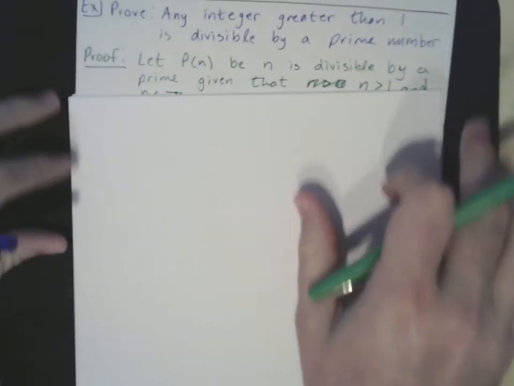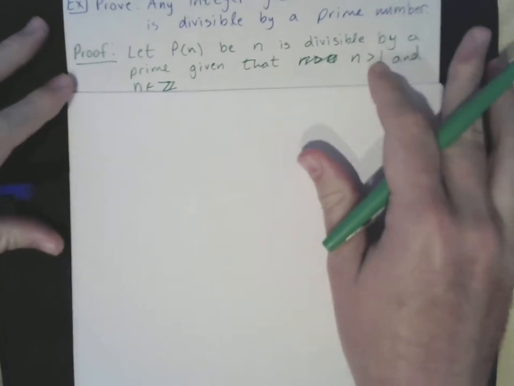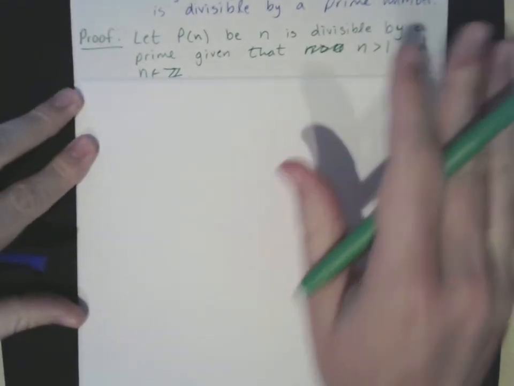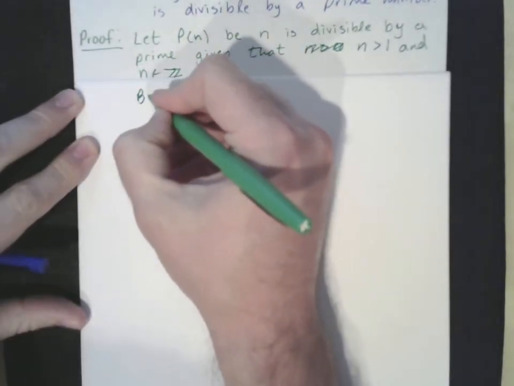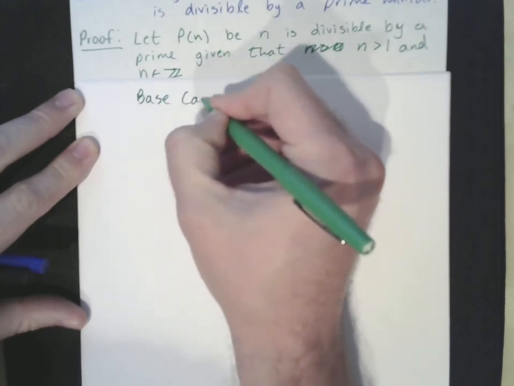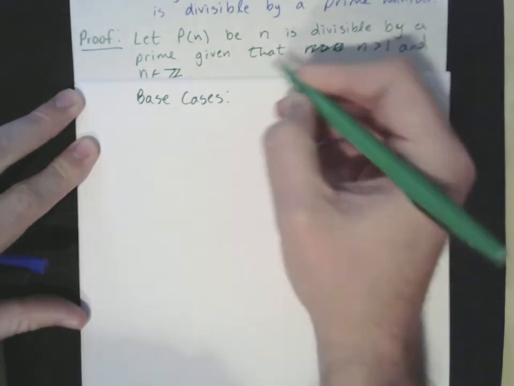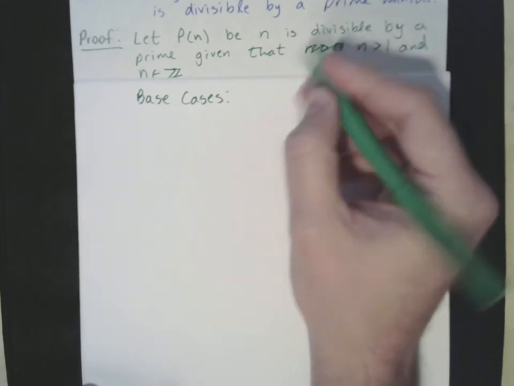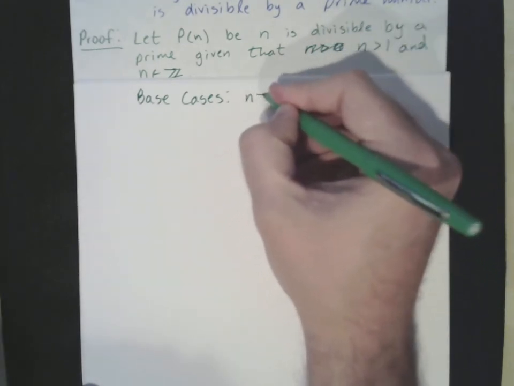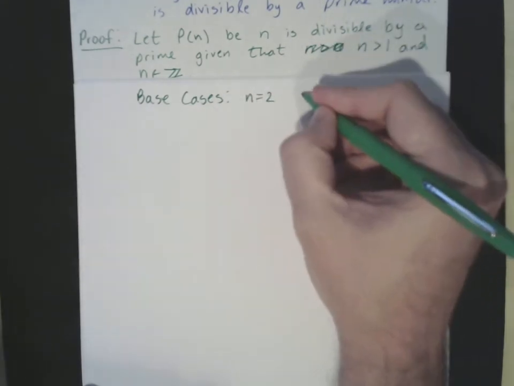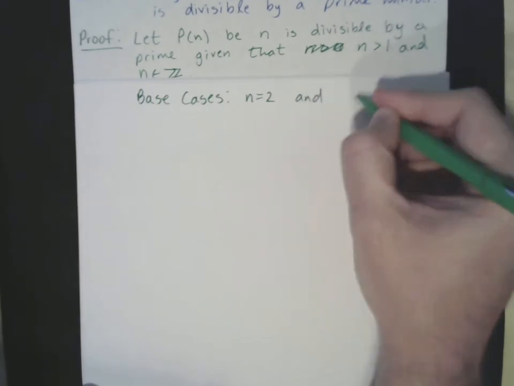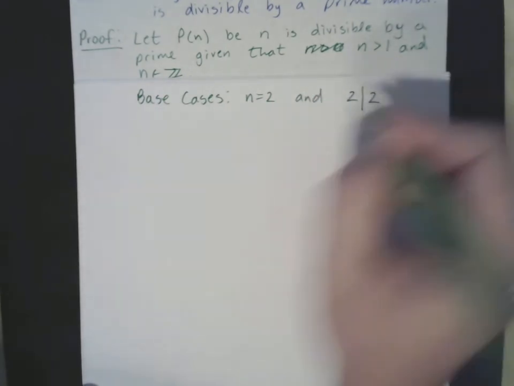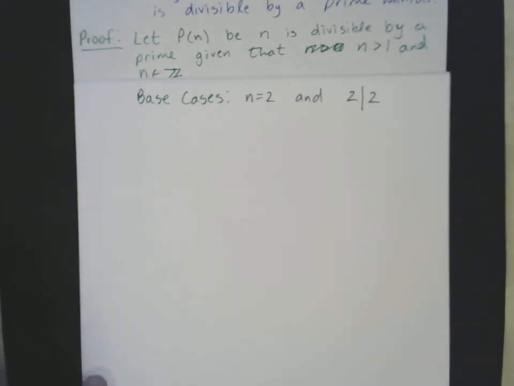So our base case is, let n equal 2. That's our first one. And 2 divides 2. So 2 is prime.